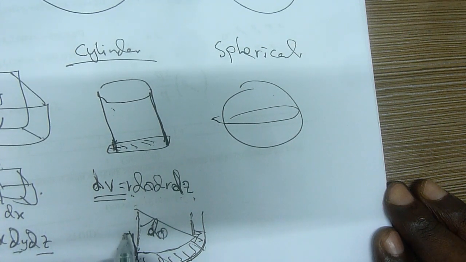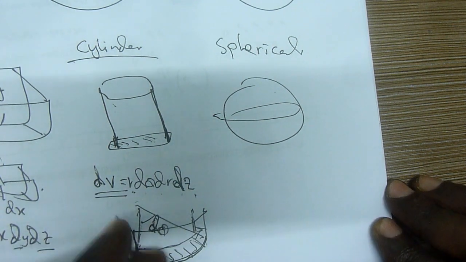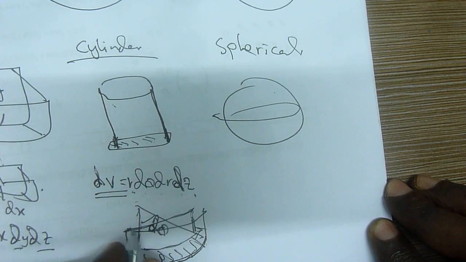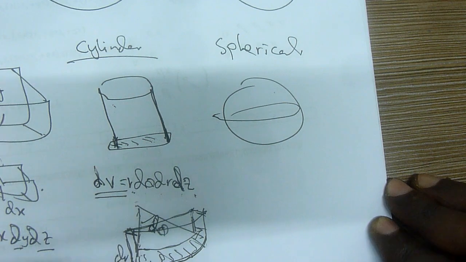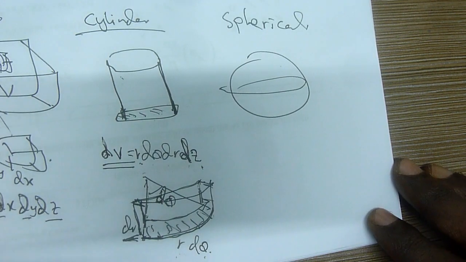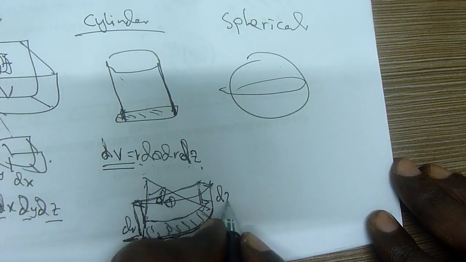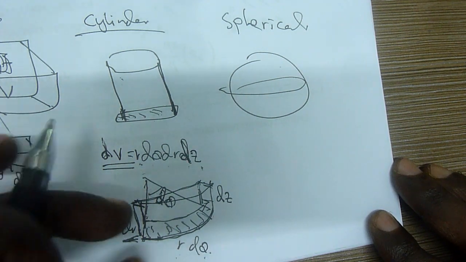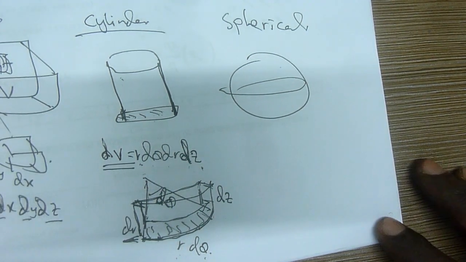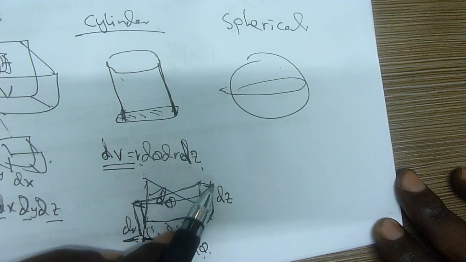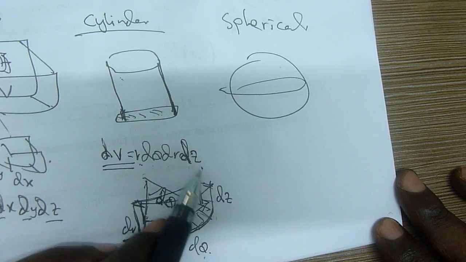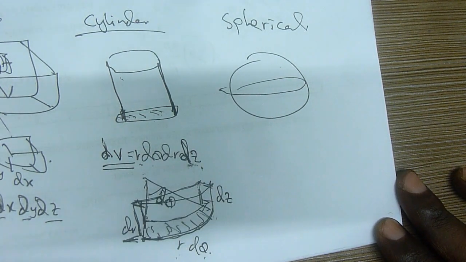We are climbing up straight. This one. I already told you my drawing is not that good. This is a dz. Therefore you can see we make it grow straight. If it grows straight, then you can see this is the r, dz.